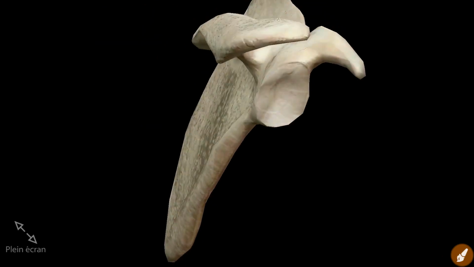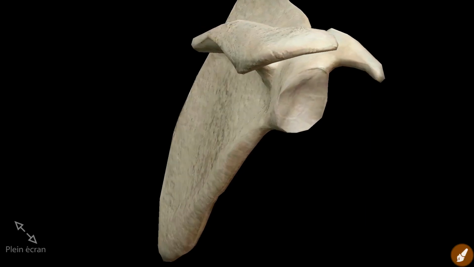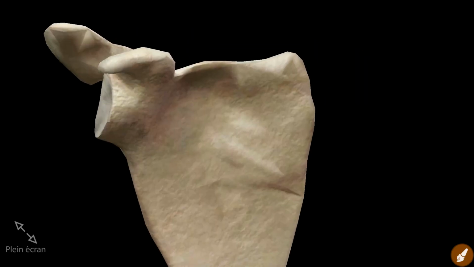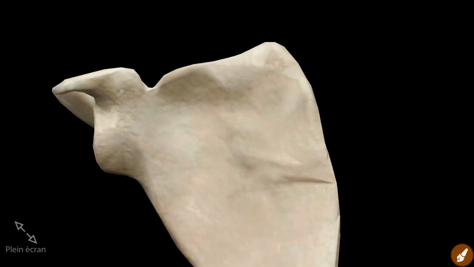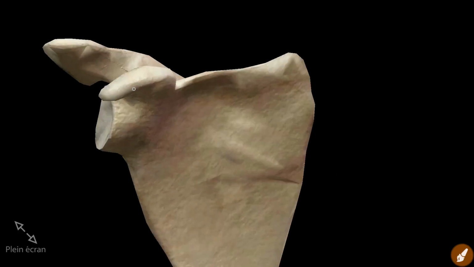It's like a finger, like the little finger of Game of Thrones, I guess. So it's a projection that is directed forward and laterally.